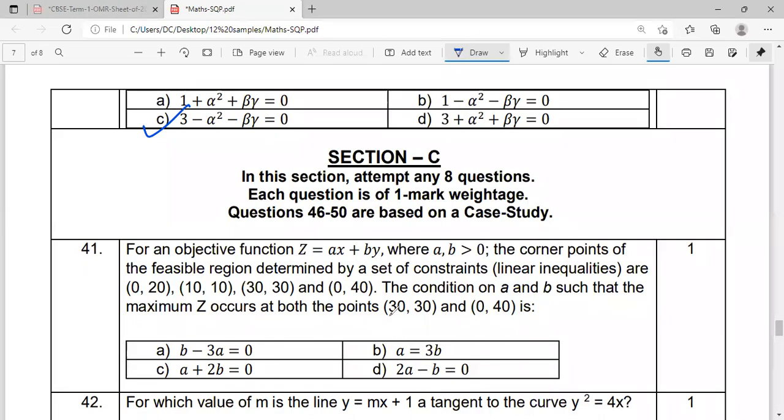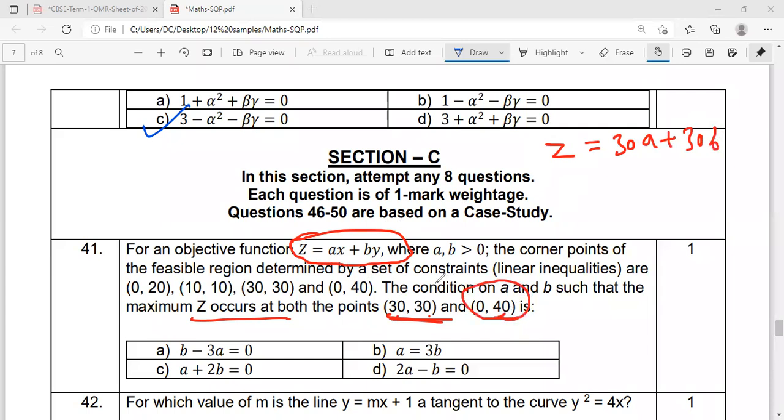If the maximum occurs at this and this, then the objective function should have the same value at these points. So at 30, 30, the value of Z would be 30A plus 30B.